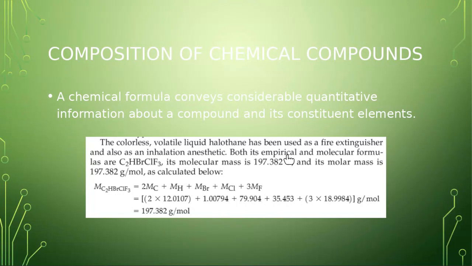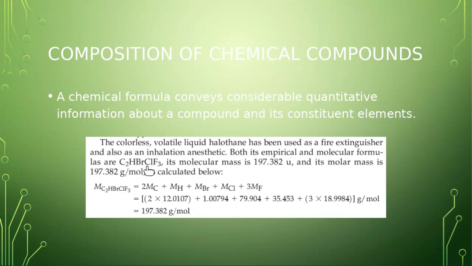The other examples are with this liquid halothane, and generally we did this when we found the molecular mass. We use the 2 moles of carbon atoms, so we have to multiply the 2 with the atomic mass.